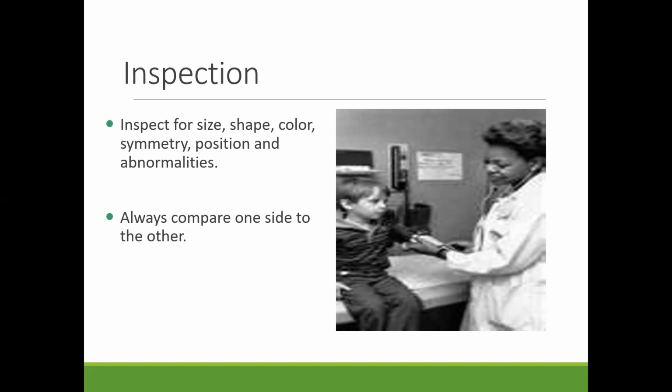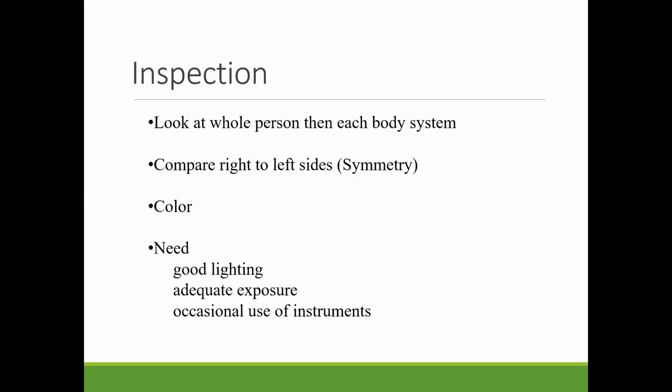Is the color appropriate for ethnicity? We're looking to see if they're breathing, what's their work of breathing? As we get into each system, we'll go into a little bit more detail. And you always want to compare one side to the other. Look at the whole person and each body system, compare right to left, color.